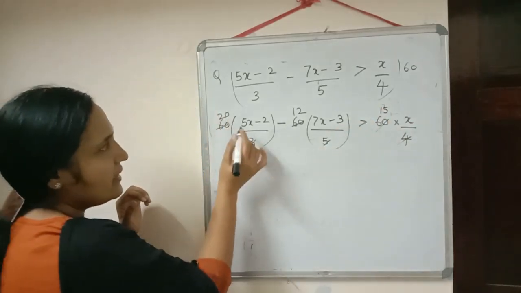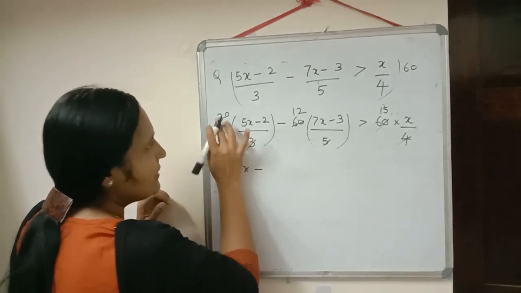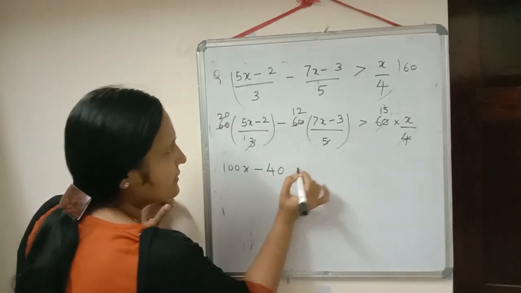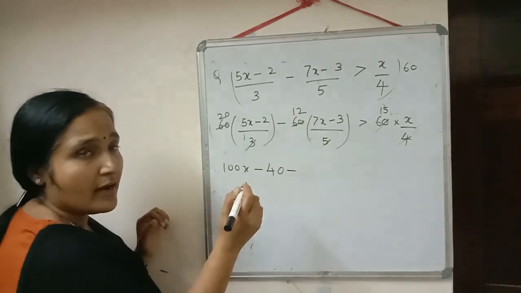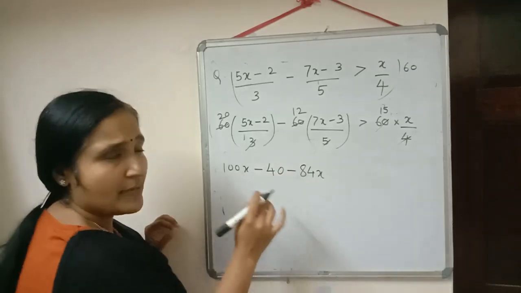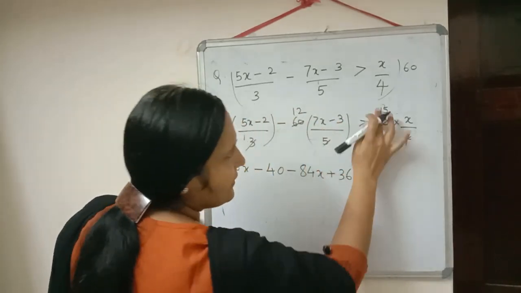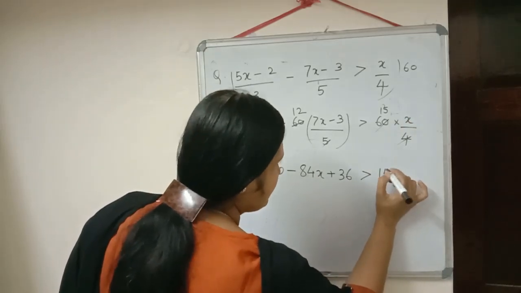So we are getting 20 into 5x, that will be 100x, 20 into minus 2 is minus 40, minus 12 sevens are 84x, minus into minus is plus 12 threes is 36, greater than 15x.